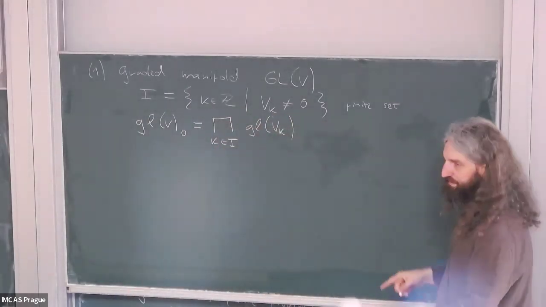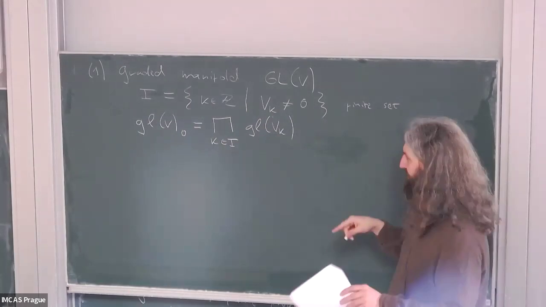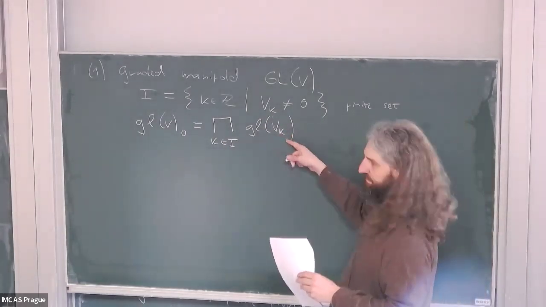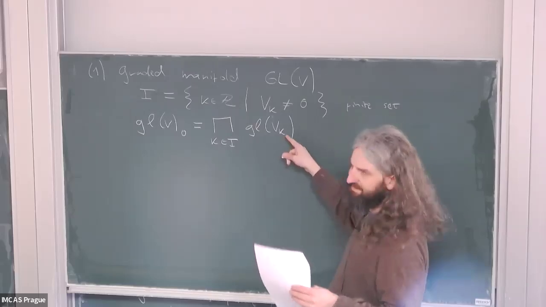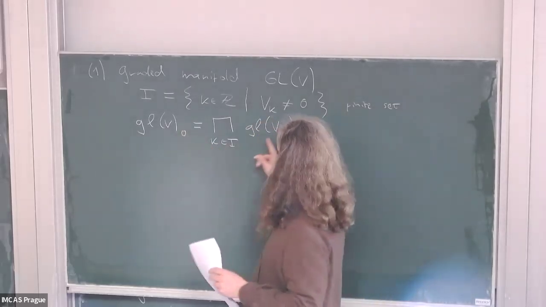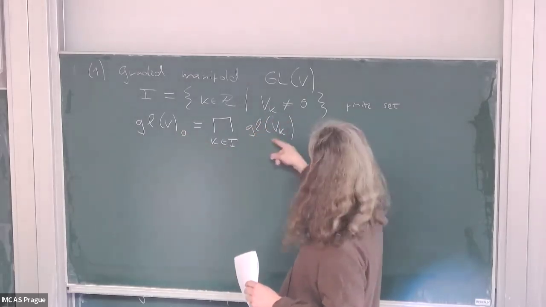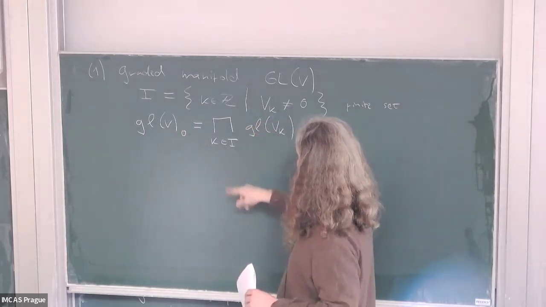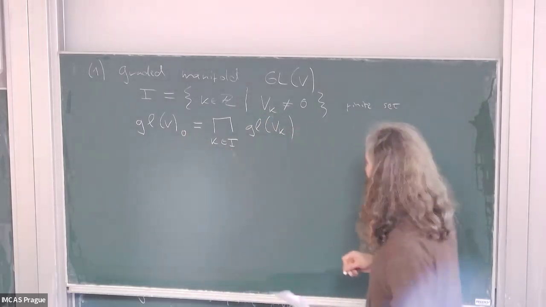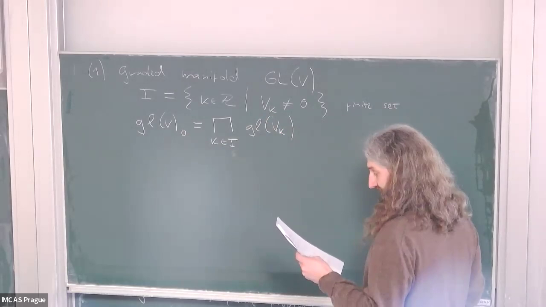Because you can decompose every degree 0 graded linear map by restricting it on VK, and because it doesn't shift the degree, it ends up in VK. Therefore, you can write every element of GLV0 as a sequence of maps labeled by a finite set. So it's just a finite sequence of those.